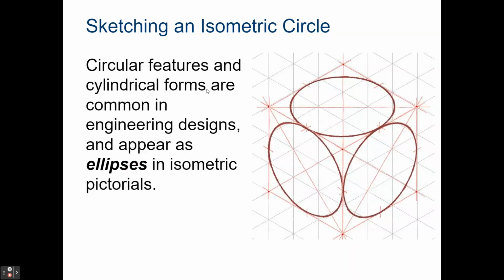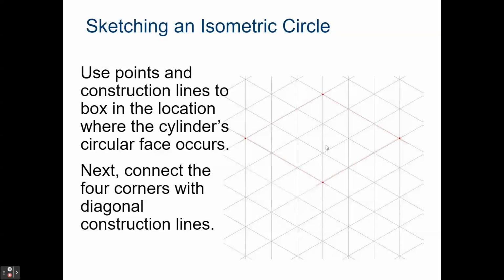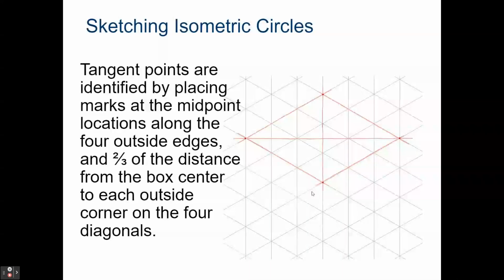Circular features and cylindrical forms are common in engineering designs, and in an isometric will appear to be more elliptical than anything. And so in order to draw something like this out, again, you can start out with a glass box. We can do a little crisscross from the corners to get a center point there.